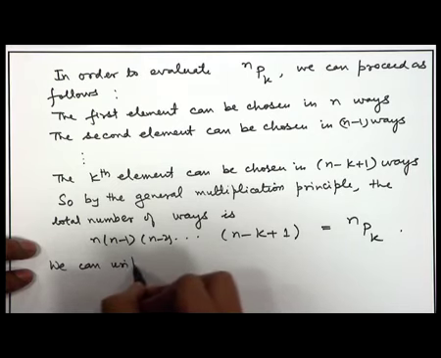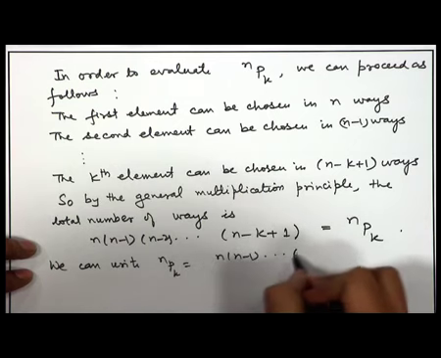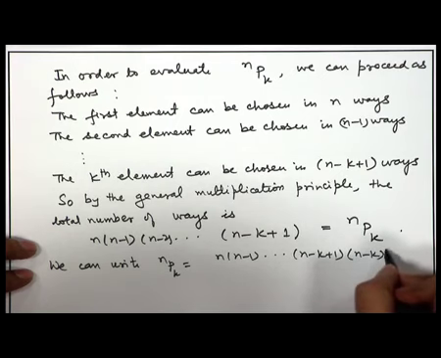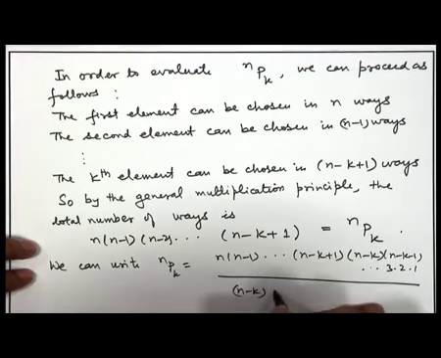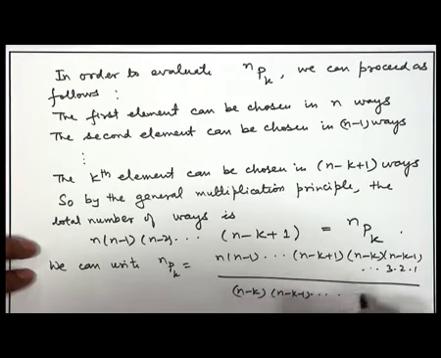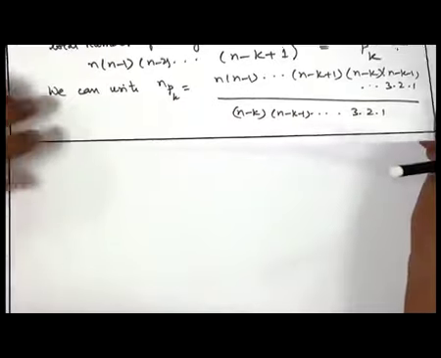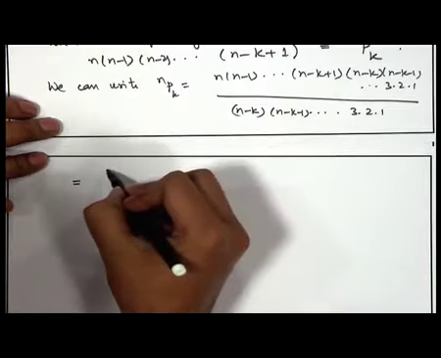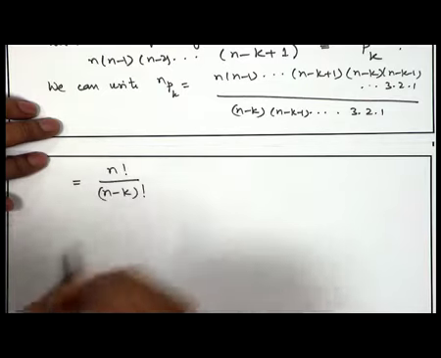We can write nPk as n into n minus 1 and so on up to n minus k plus 1, and I consider multiplication by n minus k minus 1 down to 3, 2, 1, and then divide by the same number, that is n minus k into n minus k minus 1 and so on down to 3, 2, 1. Then the numerator becomes n factorial and the denominator is n minus k factorial.